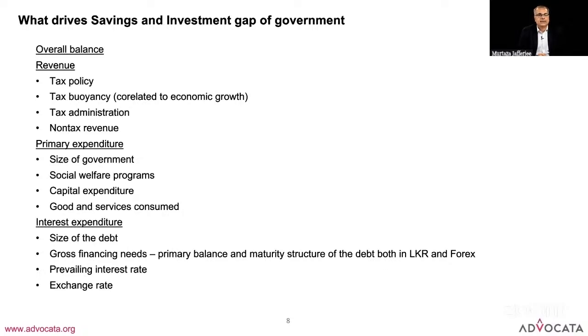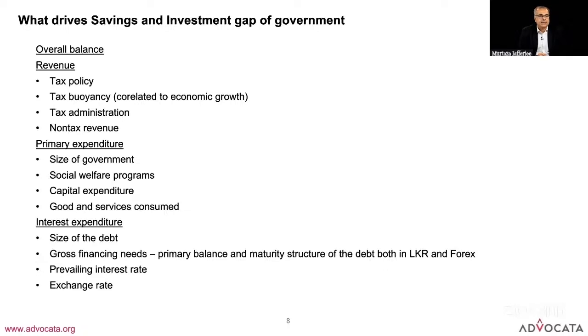So therefore, the tax collection of government is going to increase. And generally, firms also will make more profit if the economy is doing well, and therefore they will pay more taxes. Revenue is also dependent on tax administration, that whatever the tax policy says, that it is enforced. And then you'll also have revenue from non-tax sources. That also, if the economy is doing well, you'll probably be earning more non-tax revenue.